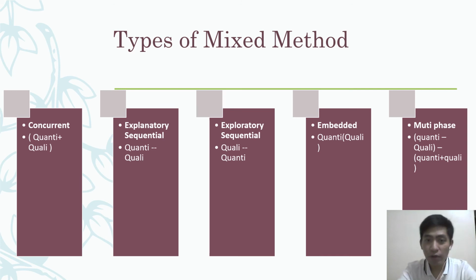Exploratory sequential, however, is you will come up with an interview guide, and based on the themes, you will create your own self-made questionnaire, and it will be validated. So from interview to creation of your own questionnaire.